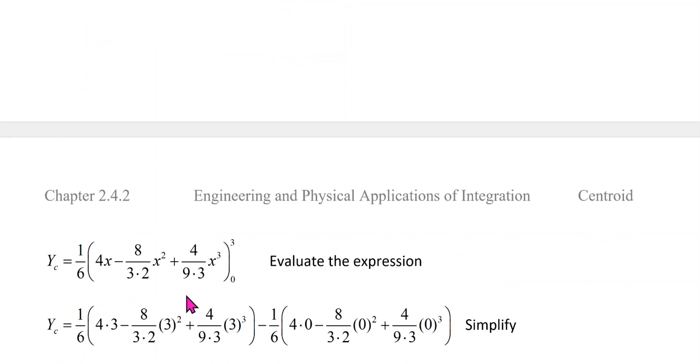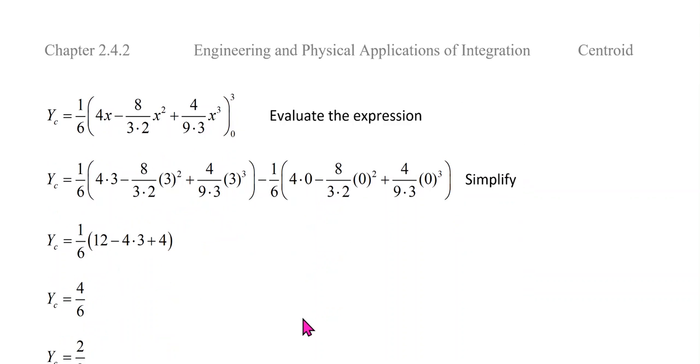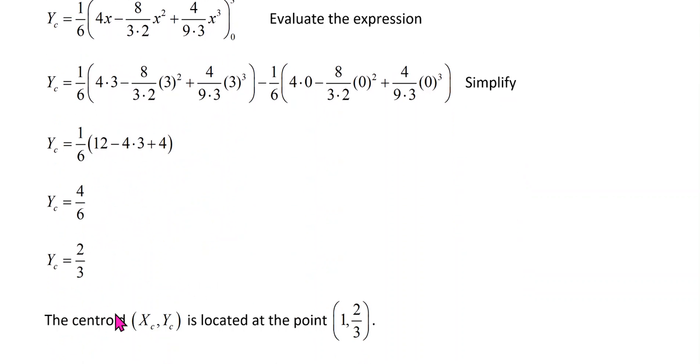We get 4x minus 8/6 x squared plus 4/27 x cubed. Then we evaluate this at 0 and 3. First we plug in 3 for x, and then we plug in 0 for x, which is just 0. We end up with 4/6, and simplifying, you get 2/3. So the coordinates of the centroid, x sub c comma y sub c, is 1 comma 2/3 for this problem.